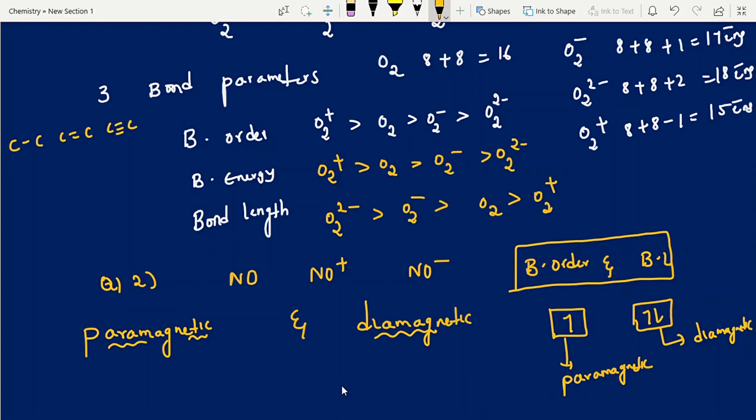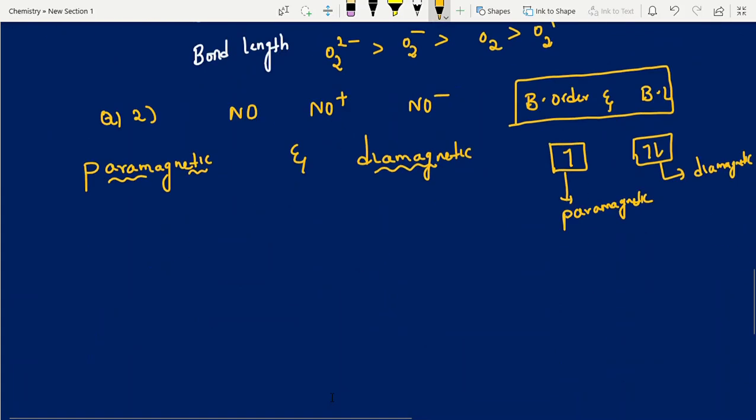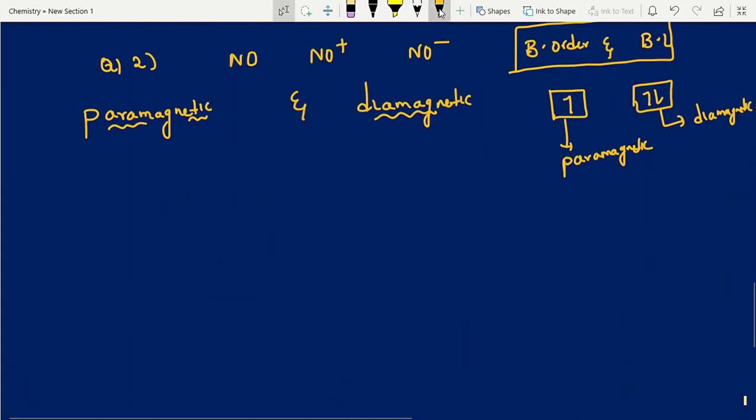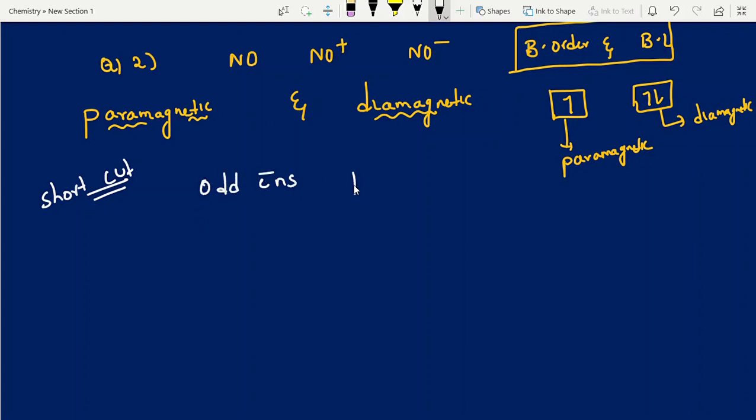But always taking the diagram and finding out paramagnetic, diamagnetic will take a lot of time. To save the time, again I am giving here one best shortcut to you. What is that, students? Odd electrons, right? Odd electrons show paramagnetic nature.